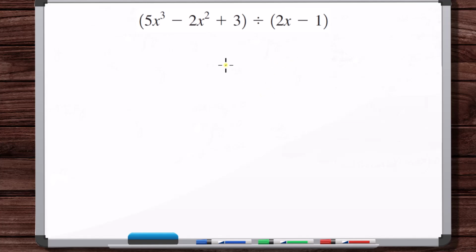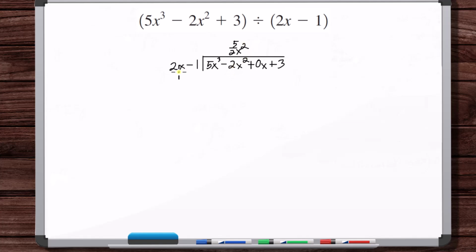Okay. So we've got 5x cubed minus 2x squared plus 0x plus 3. And then we don't need any placeholders here. So there's the dividend and the divisor. 5x cubed divided by 2x is 5/2 x squared.